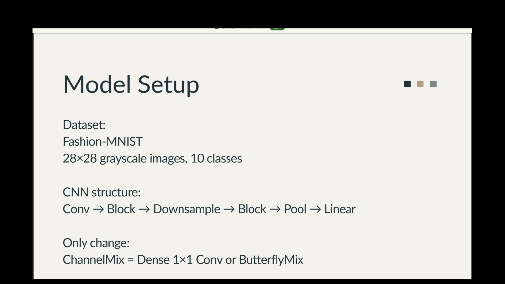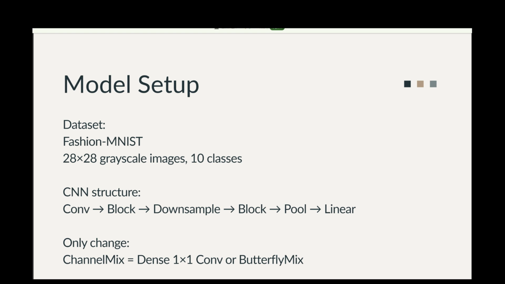For the dataset, I used Fashion-MNIST, which has 28 by 28 grayscale images and 10 classes. The CNN is a small mobile-style network. It has convolution layers, 2 blocks, global average pooling, and a final linear classifier. The important part is inside each block.